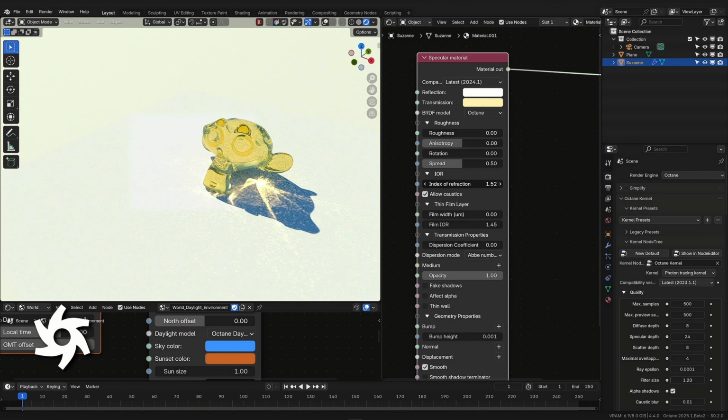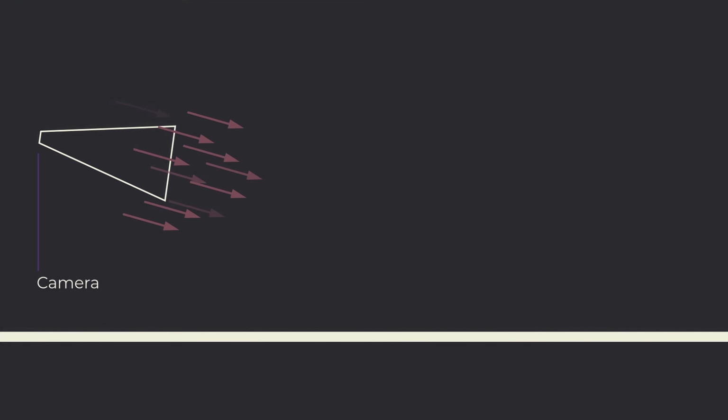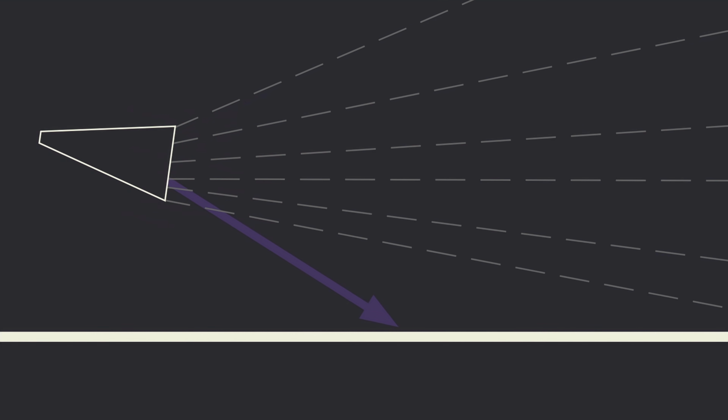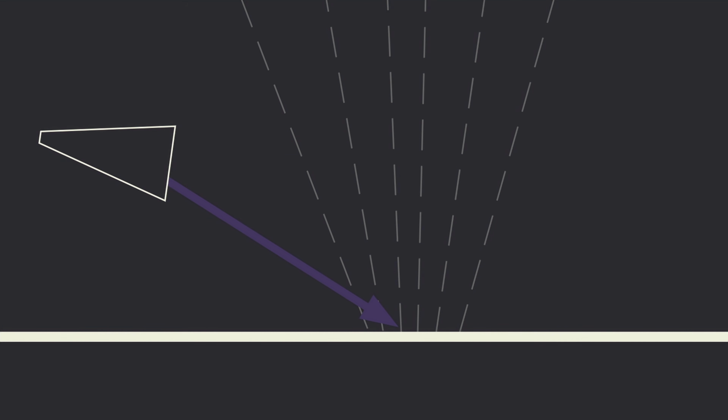Render engines that cast photons are known to be better at rendering caustics, because a traditional path tracer renders an image by calculating rays that start from the camera. And to get a caustic, one of those random rays from the camera would have to hit a diffuse surface where the ray again bounces into a random direction.